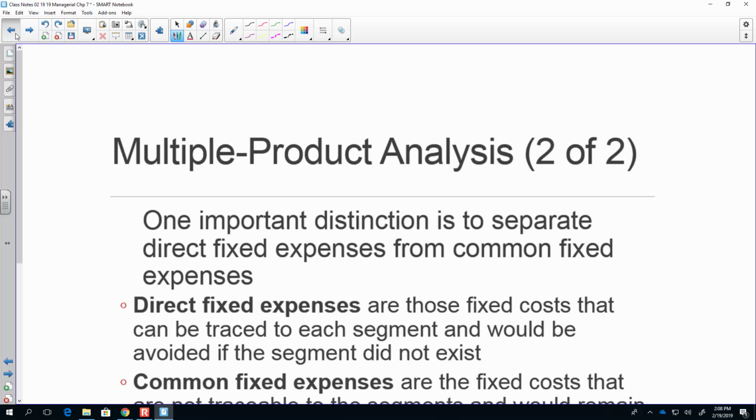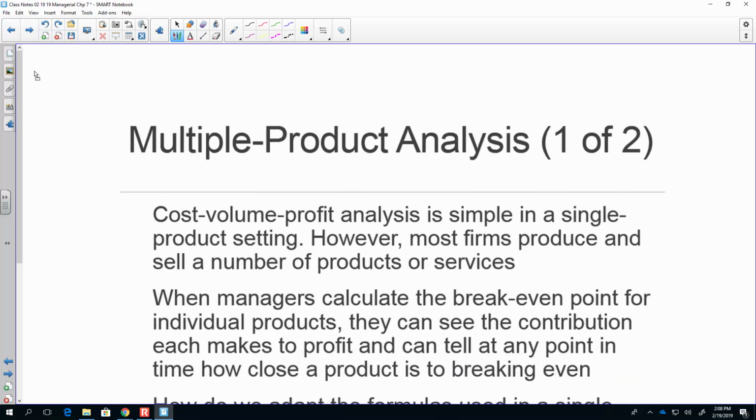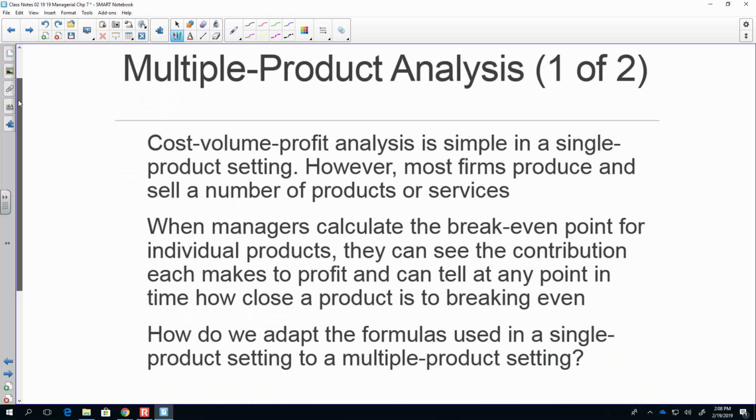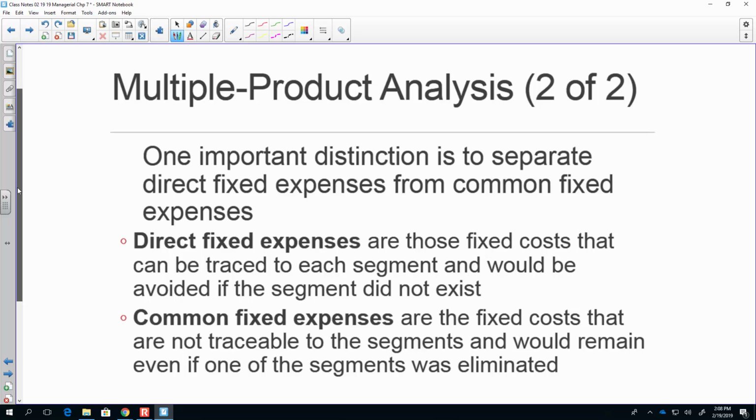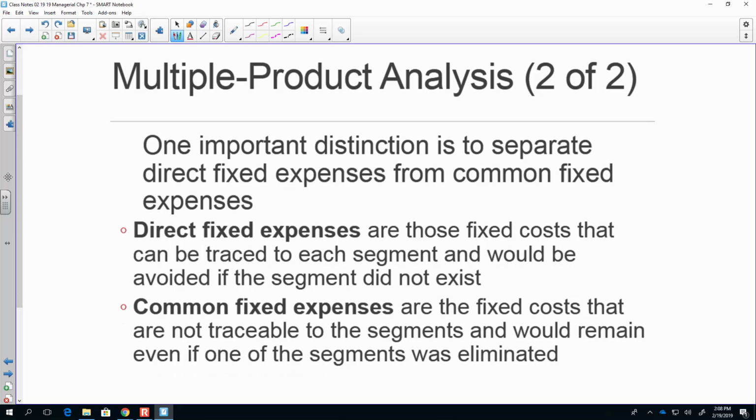All right. Multiple product analysis then. In other words, we're going to sell more than just one. That's what most companies do to be competitive. I do need you to know this. What is the difference between direct costs and common? This is on page 351 of your book.